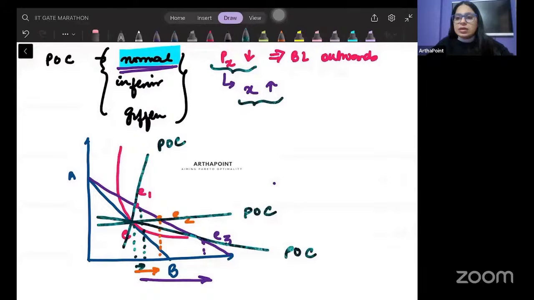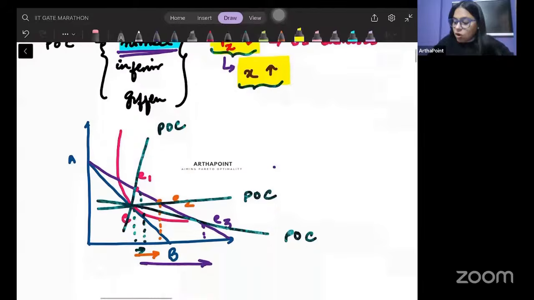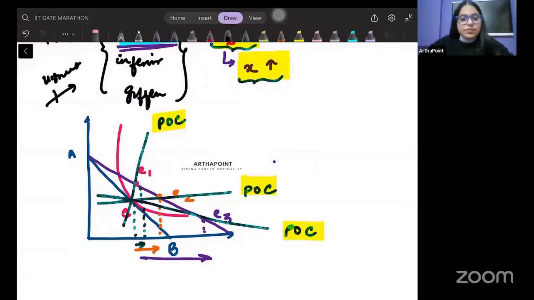In all three cases, when the price has decreased, I have increased the demand of good X. It is obeying the law of demand. But the shape of the price offer curve that I get differs in all three. So this is very tricky and you should be well aware of it.